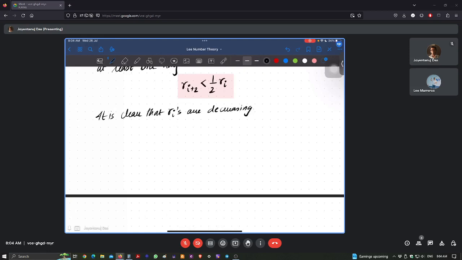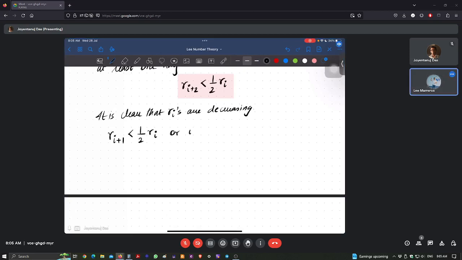Now, if I compare consecutive steps, Ri and Ri plus 1, there can be two cases: Ri plus 1 is less than half of Ri, or it is greater than half of Ri.